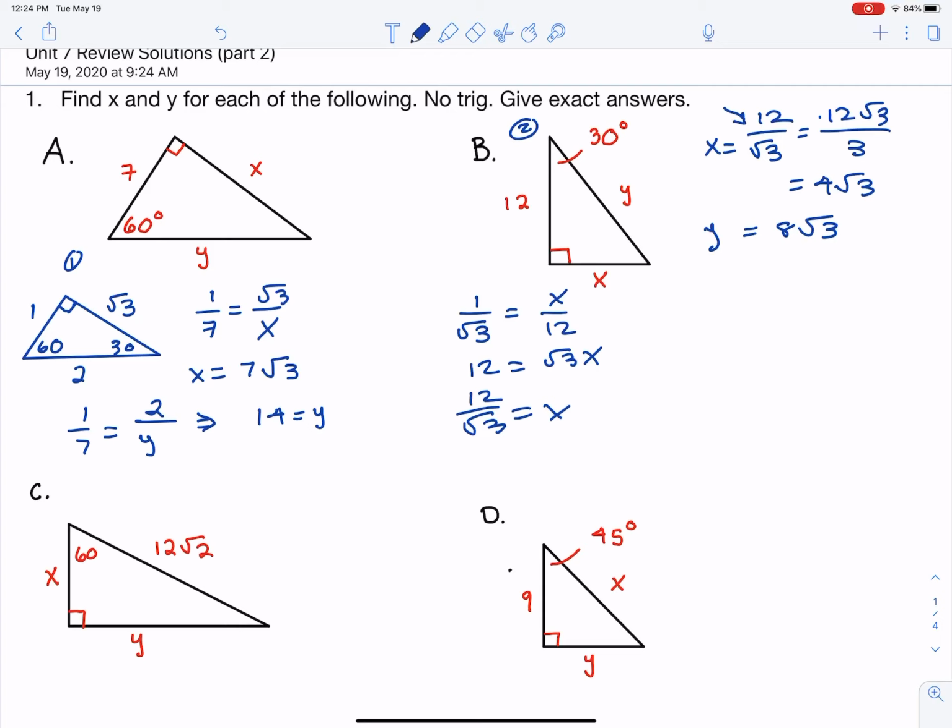And of course, we could simplify. Okay, in order to find y, we could do exactly the same thing, right?